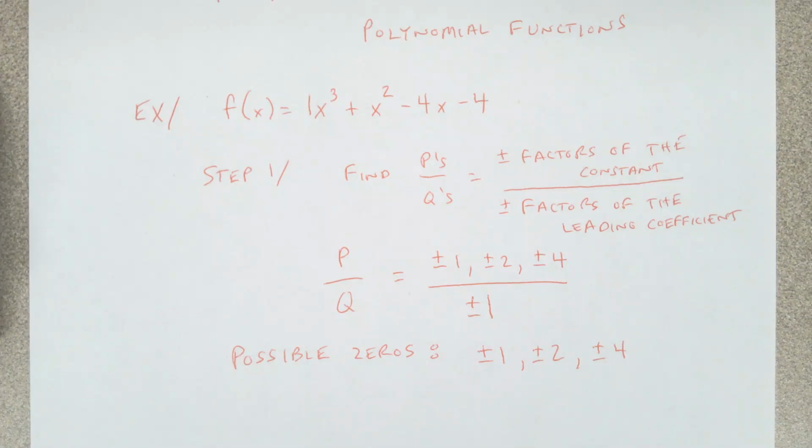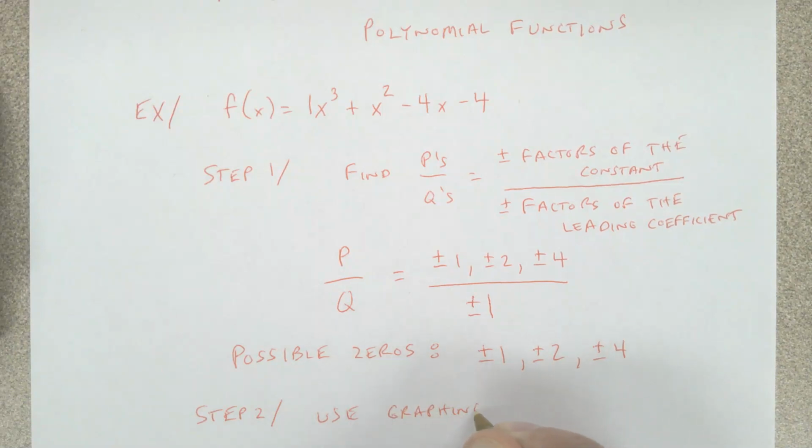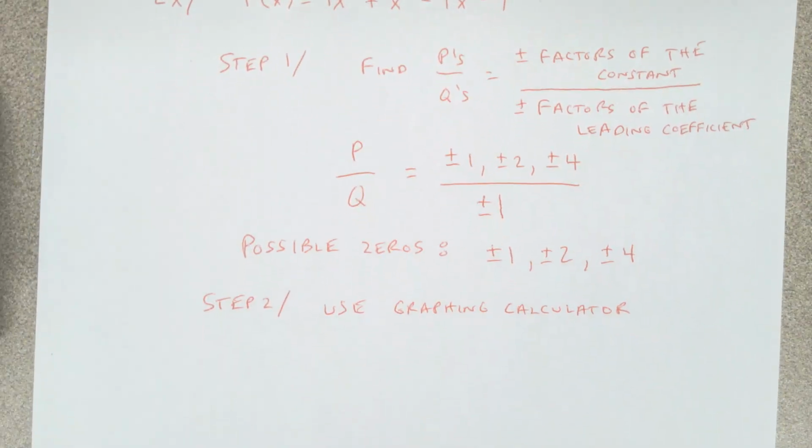Now step two, we're going to use our graphing calculators. So you're going to use the graphing calculator and go ahead and graph it. And this is going to allow us to determine at least one zero.